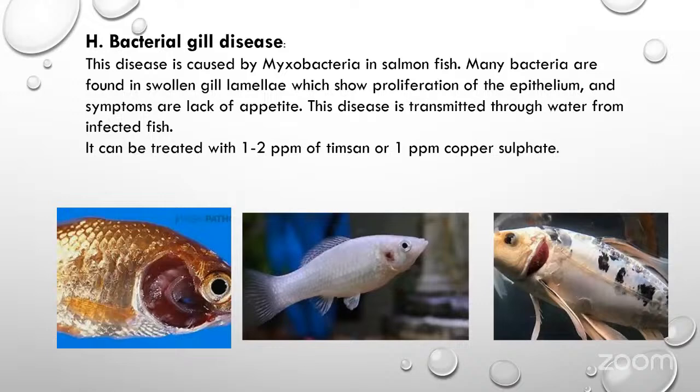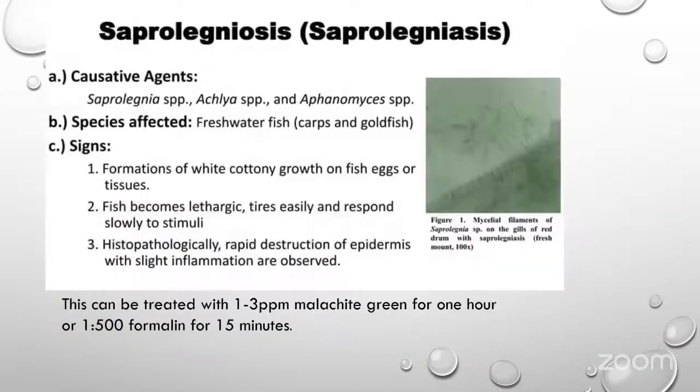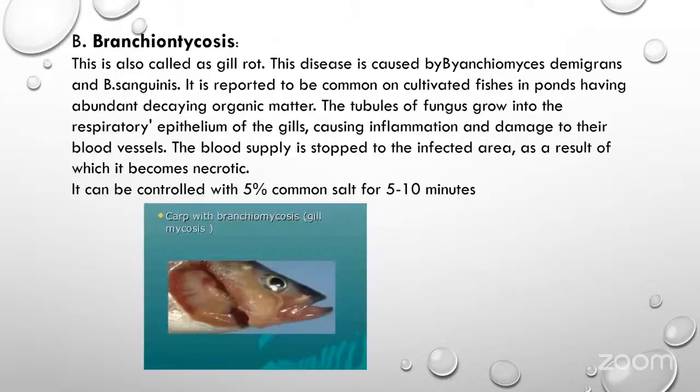Bacterial gill disease, causative organism, symptoms, and the treatment. Saprolegniasis, the symptoms, causative organism, and the treatment. Branchiomycosis, this is the symptom, the causative organism, and the treatment.